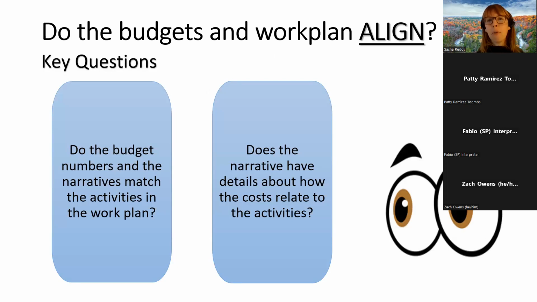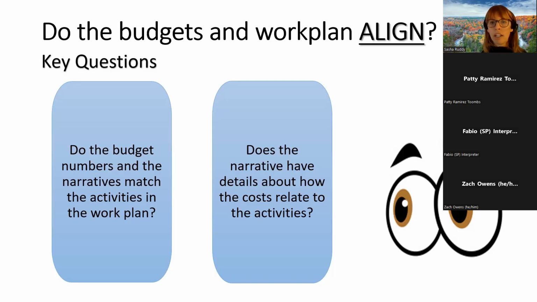So, do the budget and work plans align? Some key questions to keep in mind as you're guiding your budget and narrative: do the budget numbers and the narratives match the activities in the work plan?